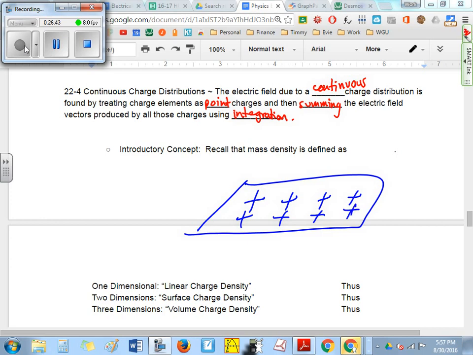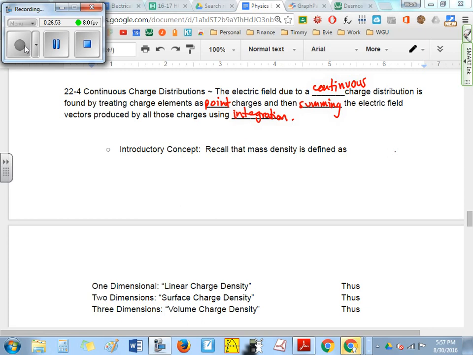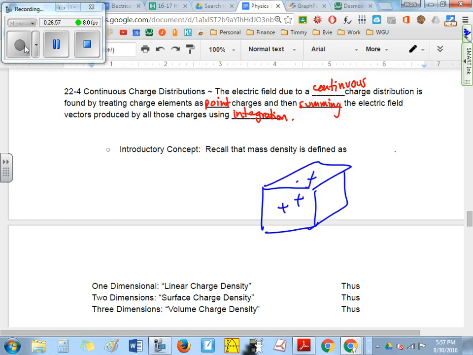And then we would want to think more in terms of area. So we'd be like, okay, let's grab that bit of area. How much charge is there in that area? So that'd be like charge over area. Okay? Or perhaps it's a three-dimensional thing, and it's like a box full of charges, and they're all throughout the box. And in that situation, you want to circle like a little volume within there and say, okay, how much charge is in this three-dimensional space?